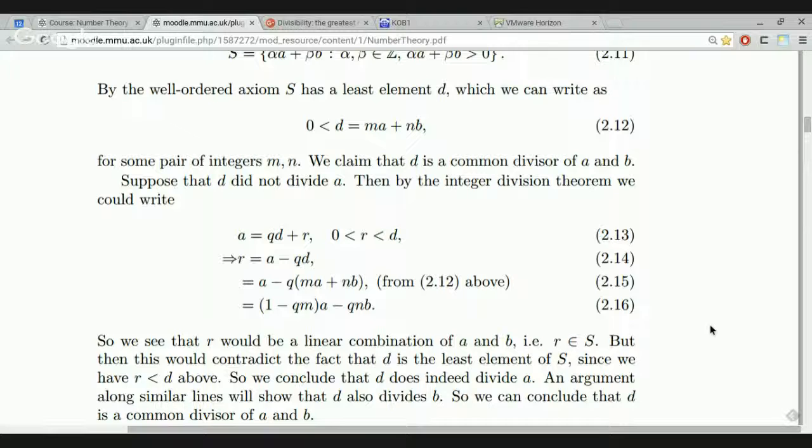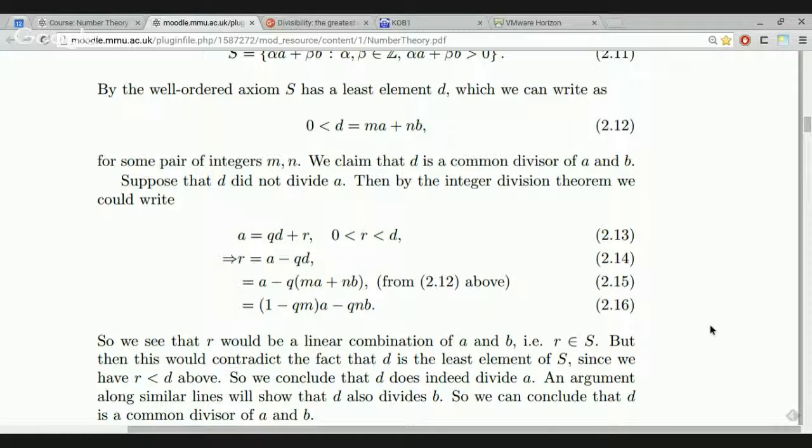But then you focus in and you examine r again. Well, r can be written as A minus qD, just reversing this equation. But D we have already is a linear combination of A and B. You can replace D by that linear combination. And then you gather all the A's together, and what you discover is that r is a linear combination of A and B. It also is a positive number.